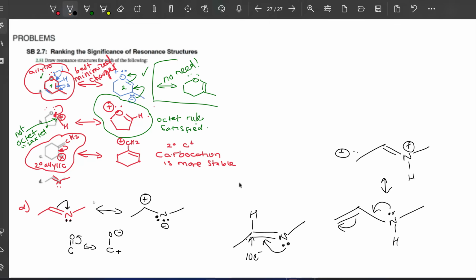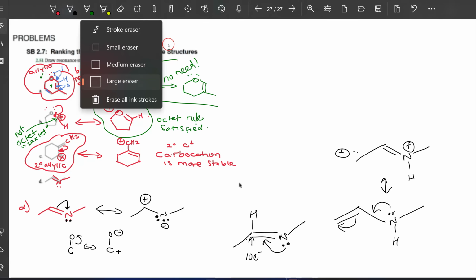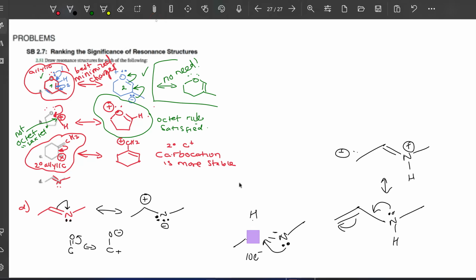By the way, it's better to have less than an octet than more. You don't want to get more than an octet for an element like carbon. That can happen with sulfur. I think phosphorus can take 12, sulfur can take 12, xenon, iodine, but not carbon. Very few elements can take more than an octet. Got it.